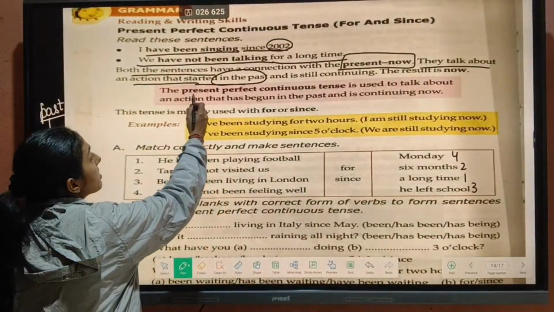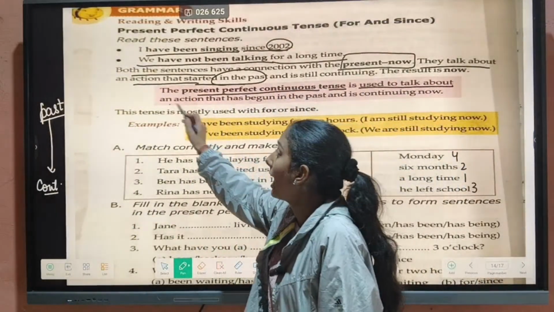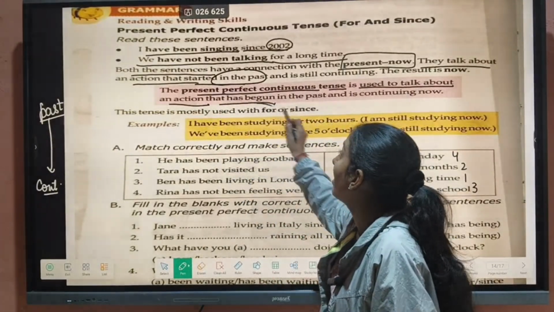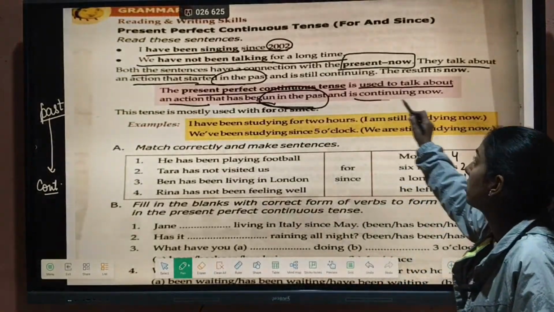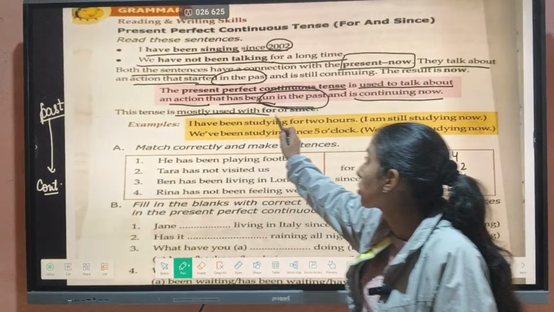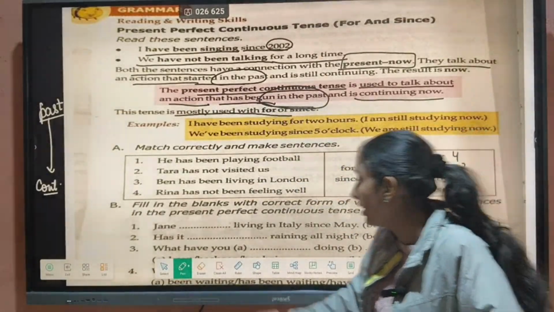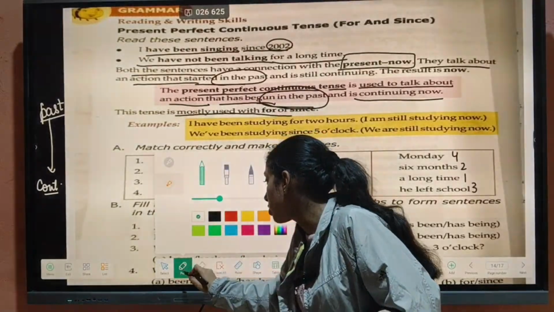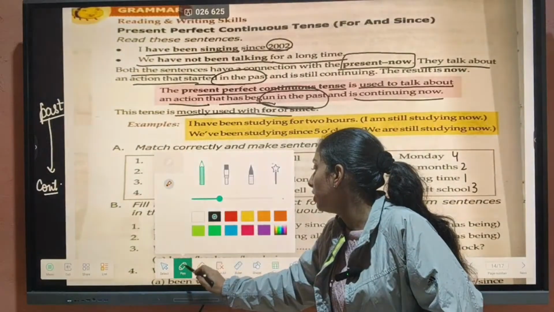Clear? The present perfect continuous tense is used to talk about an action that has begun in the past. That action has started in the past and is continuing now. This tense is mostly used with for and since. Prepositions of time, for and since are used in it.